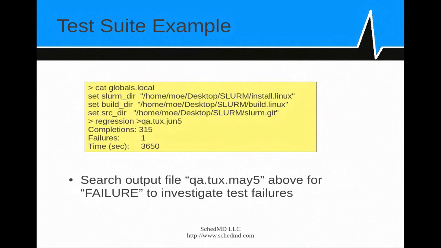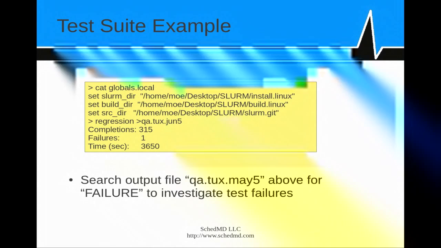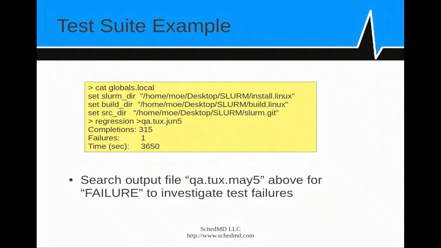So here's an example of a globals.local file with the information that's relevant here: where Slurm was installed, where it was built, where the source is.